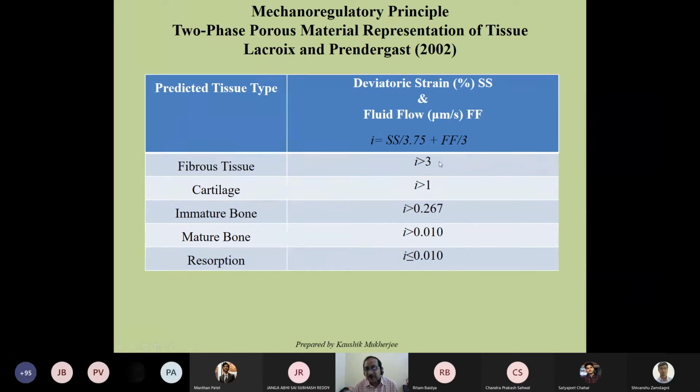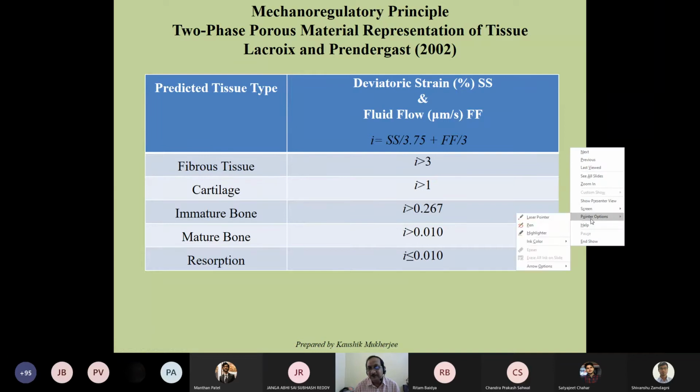Okay. Now, what you can conclude from these numbers is that as the number increases, the tissue becomes softer and softer. Look at the index value. The least value is 0.01, mature bone. Then slightly more is immature bone. That means the transformation from soft tissue to hard tissue has already occurred in that range.